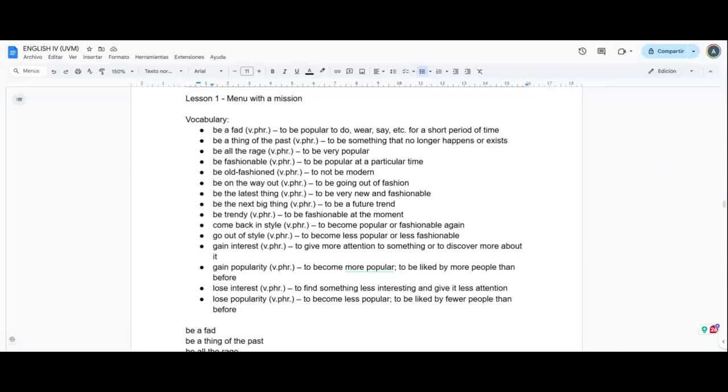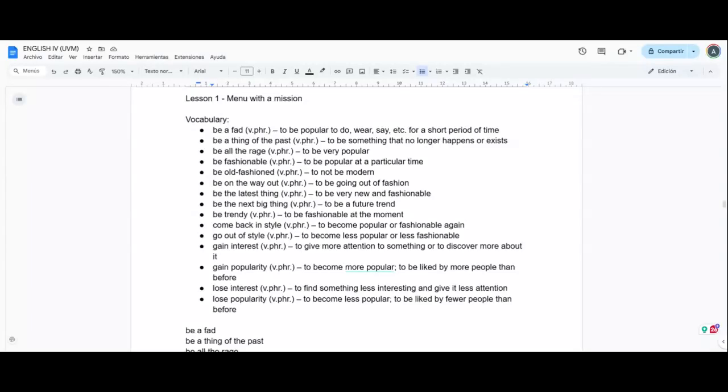The next one? Be a thing of the past, to be something that no longer happens or exists. The next one? Be all the rage, to be very popular. Be fashionable, to be popular at a particular time. Be old-fashioned, to not be modern.